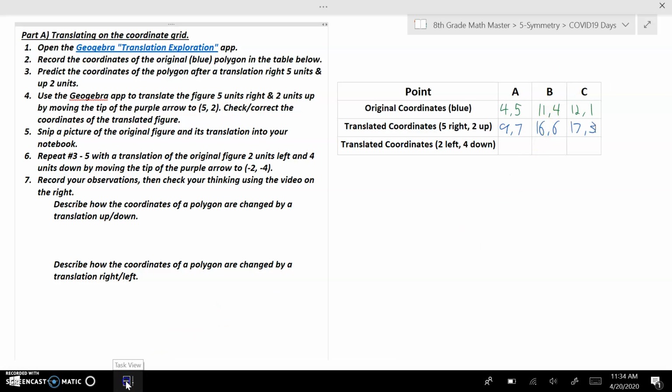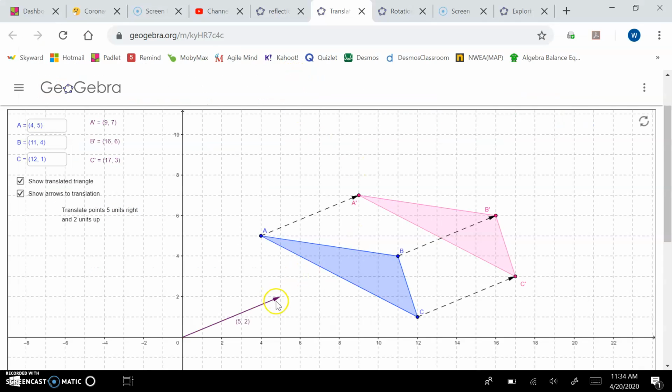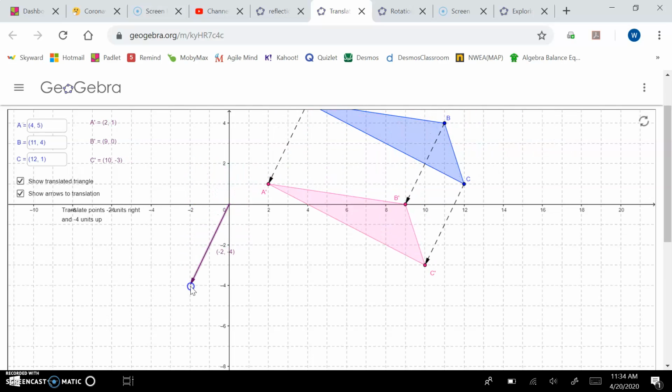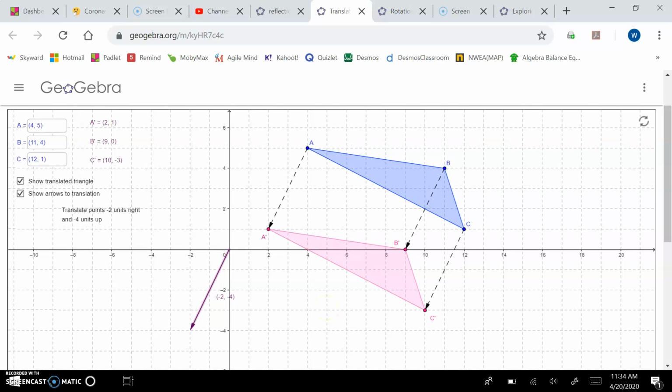So after you've done that, we're going to go left 2, down 4. So the end of that purple arrow should be at (-2, -4), and you can see that the shape was translated down to the left instead of up to the right this time.